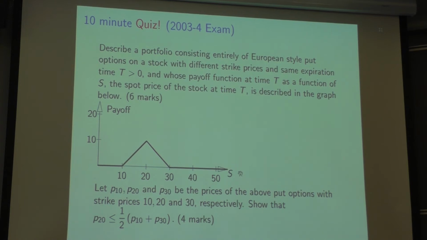This payoff function is a function of the underlying asset price at expiration, which we don't know, and it's described by this graph over here. So what should we put inside this portfolio? Okay, now roll up your sleeves, scratch your heads.